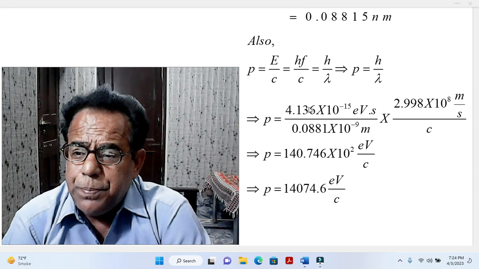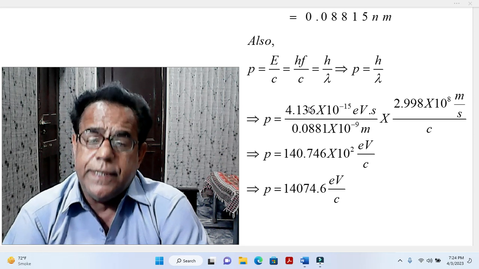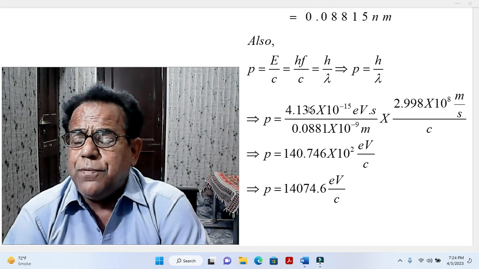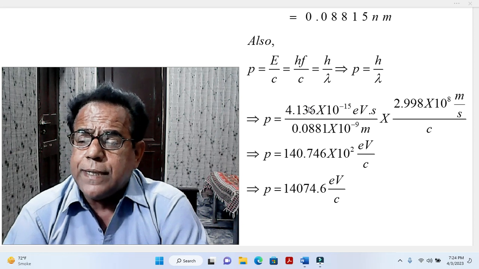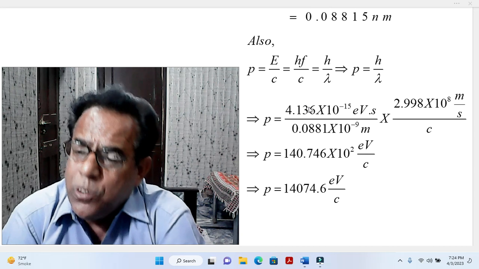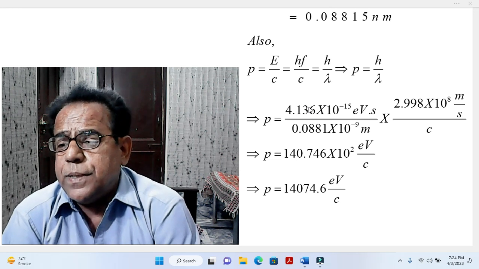We have multiplied and divided this expression by C. The only difference is that in the denominator we have not used the value of C; we have not touched C. But in the numerator we have used the value of C, speed of light, in terms of meter per second.